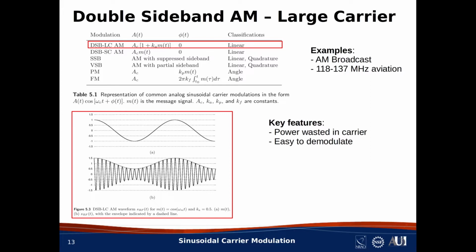Well, one reason is because that always present carrier makes this signal very easy to demodulate. Really, all you have to do is rectify and low-pass filter the desired signal. This process is known as envelope detection, and this makes for essentially the simplest possible receiver. In fact, a lot of folks listening to this talk have probably built such a receiver. They're widely available as educational electronics kits.